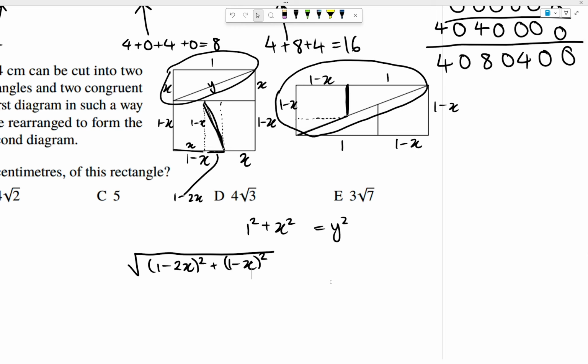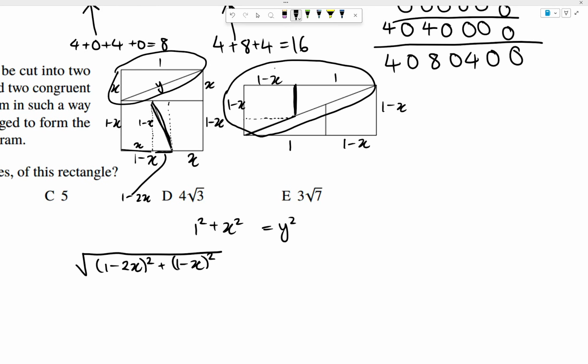Okay. I think I found a better way of doing this. If we look at the triangle that's been circled here, this triangle is similar to this triangle here. So therefore, the ratio of this side to this side is equal to the ratio of this side to this side.